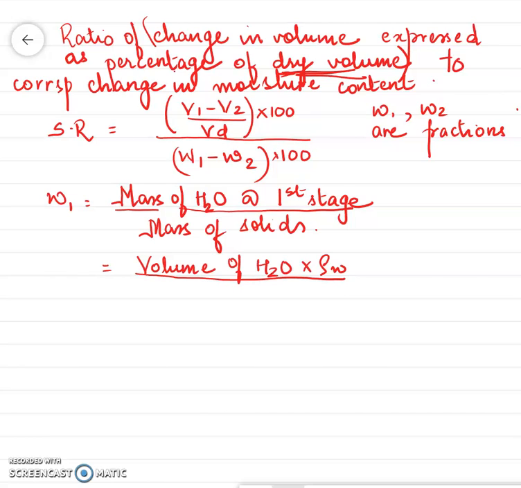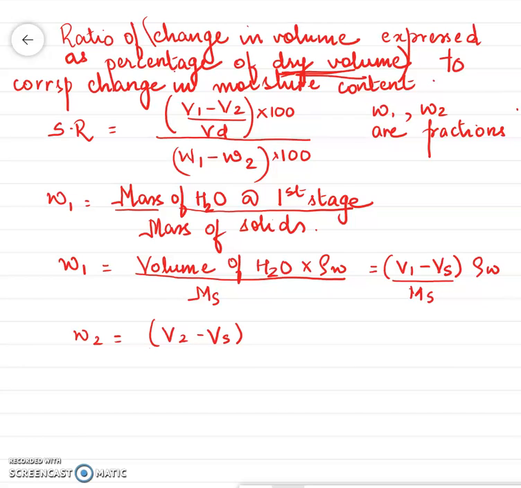Divided by mass of solids, I'm writing this as Ms. Now, volume of water at stage 1, I am writing as V1 minus Vs, divided by Ms, into rho W. Similarly, I'll get W2, moisture content at stage 2, as V2 minus Vs.